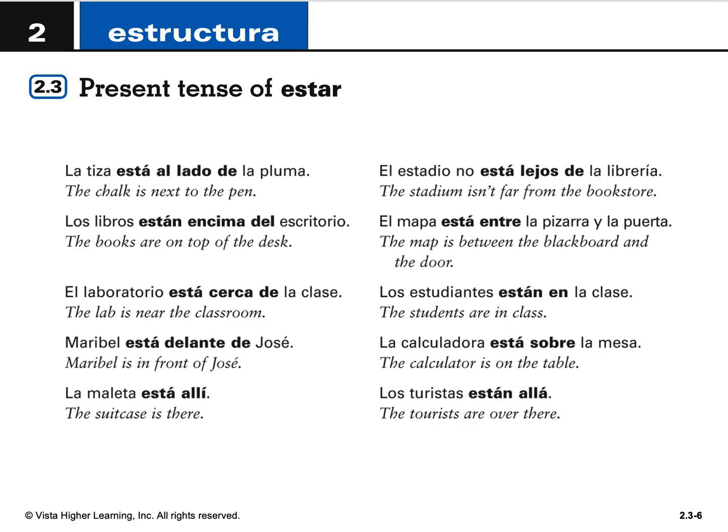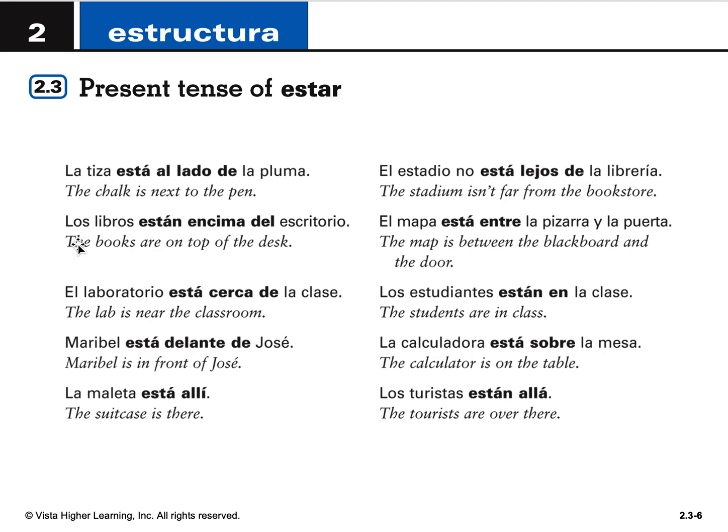So you should notice that in the first and the second sentence, because this is in the form of él, ella, usted, I have the accent on the A. Same thing in the bottom one, that's our plural form. We have an accent on the A. So this is just showcasing how those accents are used and how we're utilizing estar to show location.